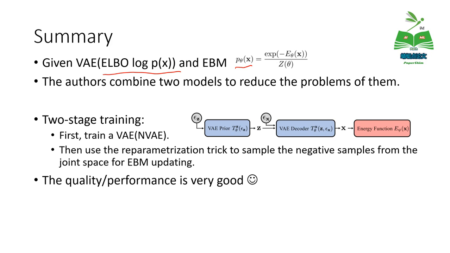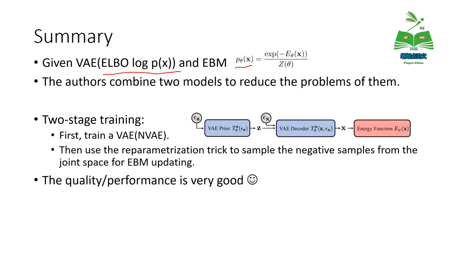But to optimize two models is not easy. So the authors use a two-stage training method. First, they train a VAE independently.